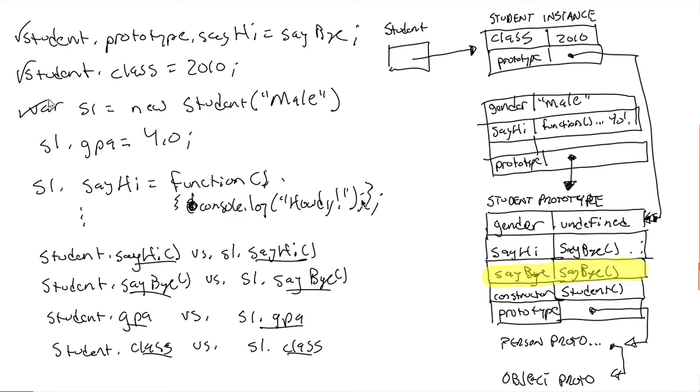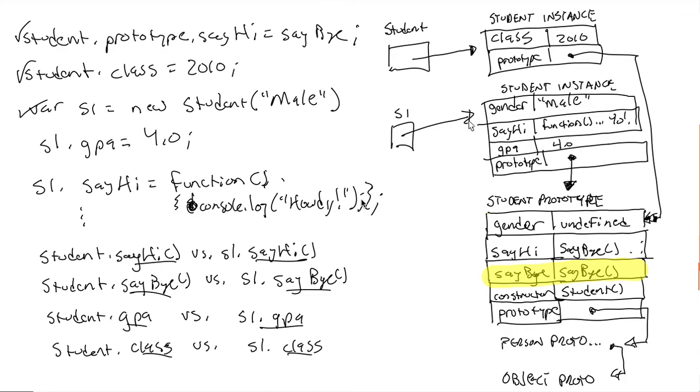That takes care of that line. The next line, s1.gpa equals 4.0, actually sets up another member called GPA in the student instance and sets that to 4.0. Let me write down that this is a student instance. And s1 is also a reference.